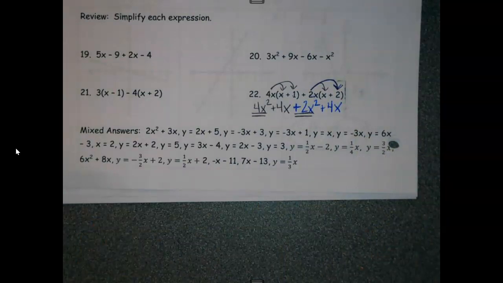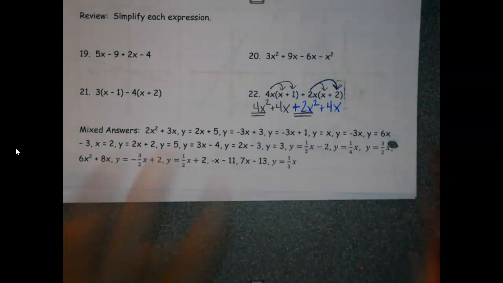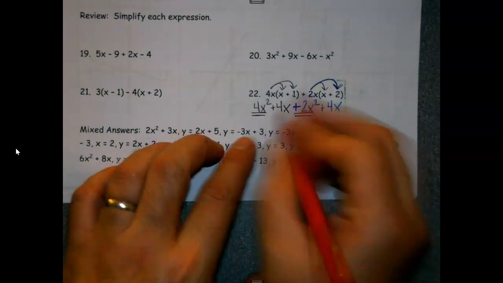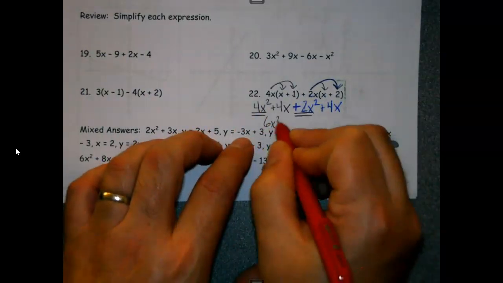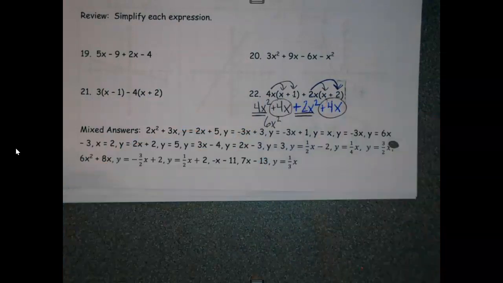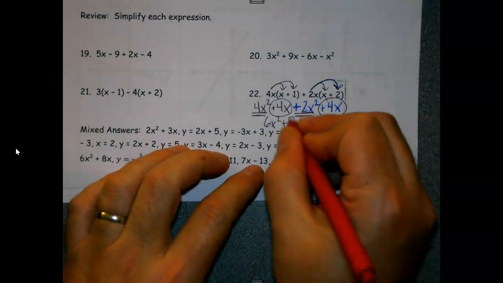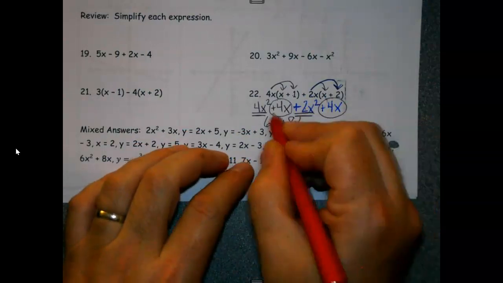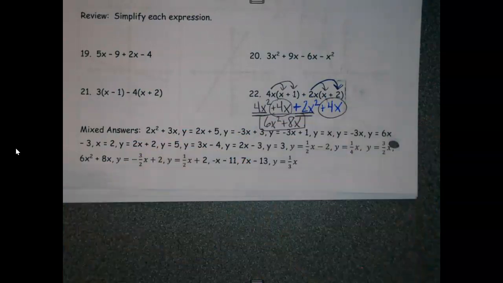We're not multiplying anymore now. Everything is plus. So 4 plus 2 would be 6x squared. And if I have 4 x's and I add 4 more, I have 8. So that's what we're on the lookout for with those.